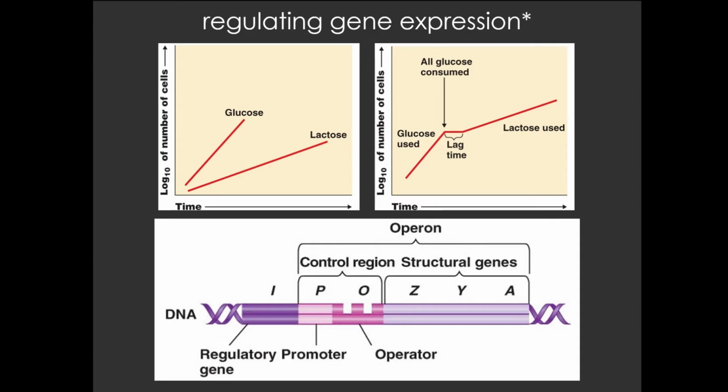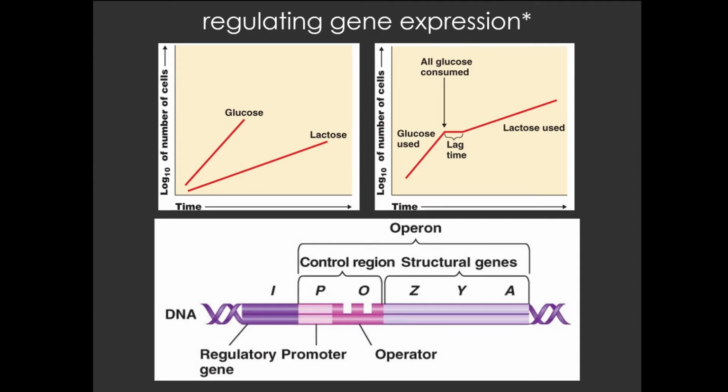So to say that it operates the operon is to say that it allows for the transcription and translation of those structural genes or blocks the transcription and translation of those structural genes. So for right now, the operon is made up of the control region, which contains the promoter and the operator, the regulatory region, which is upstream of that control region, and the structural genes to be controlled.